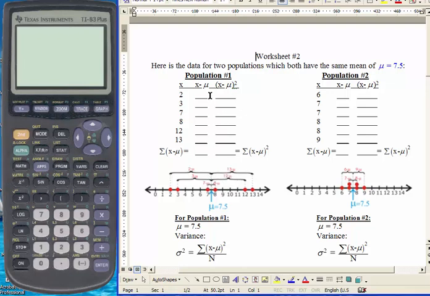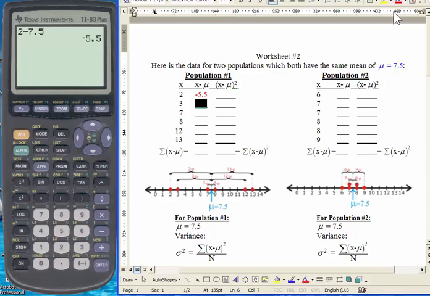So let's do that. If we take the data value 2 and subtract the mean, 7.5, what do we get? I bet you could do that in your head, but if you have any doubts, on your calculator, 2 minus 7.5 gives us negative 5.5. Let's put that in. Let's continue down here and do that for each of our data values.